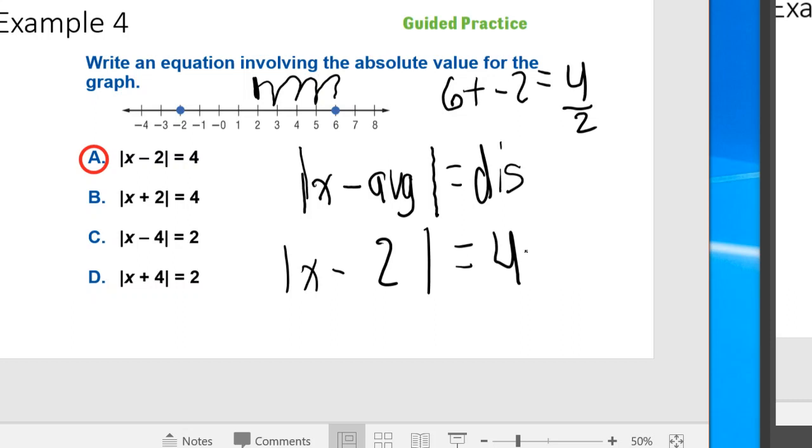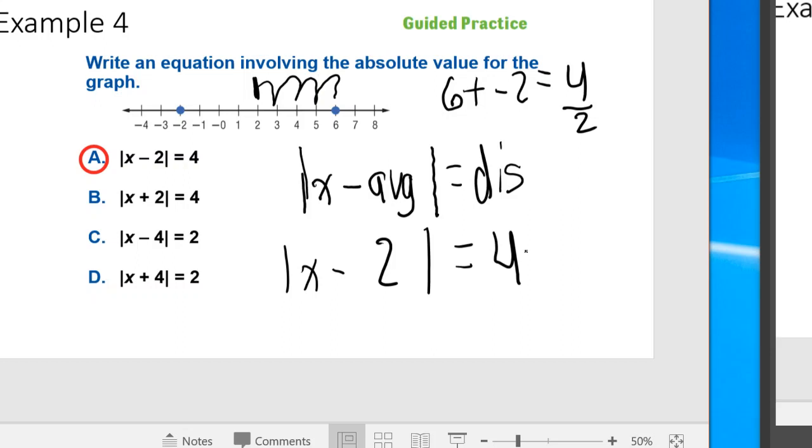So then I have x minus 2 is equal to, well, if I look at the number line, if I start at 2 and I'm trying to get to 6, how many am I away? 4. So x minus 2 is equal to 4, and the x minus 2 is in the absolute value sign. Is that starting to make a little bit more sense, guys?